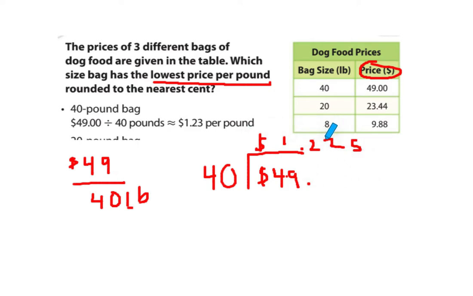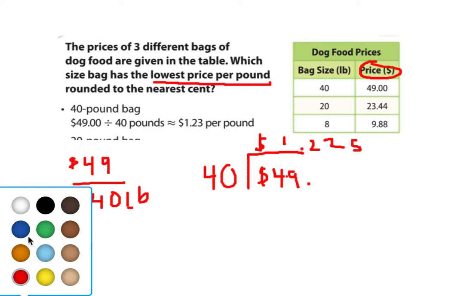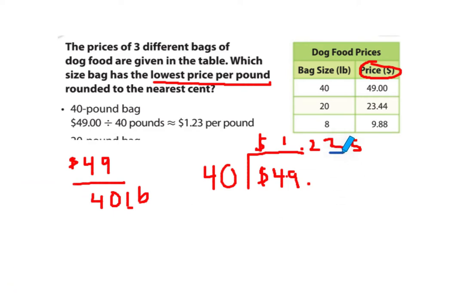You might be going, wait, Mrs. Munoz, we're talking about money. When we're talking about money, there's only 2 numbers after the decimal. Ah, you're right. There's only 2 numbers. Underline that second spot. Look behind. If it's 5 or greater, it rounds up. Is that number a 5?